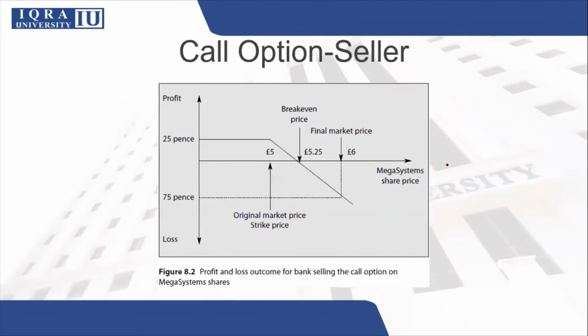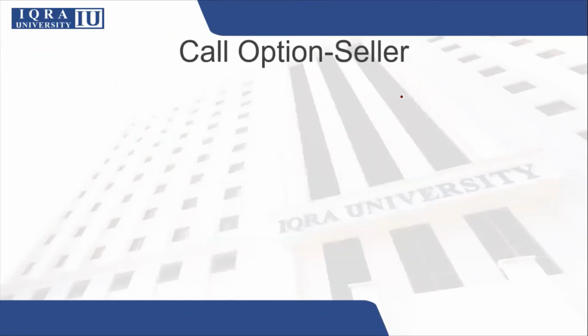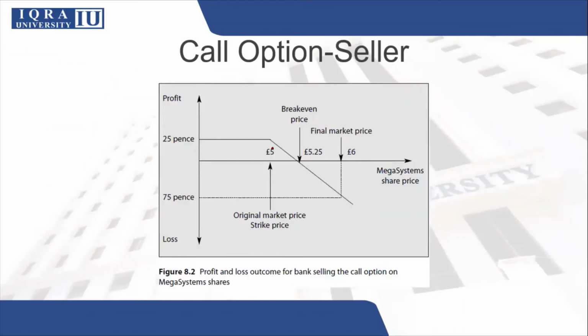So the call option seller's diagram is going to be the opposite of this. It's a mirror image, because the seller is going to profit in this area. The seller is going to receive the premium.